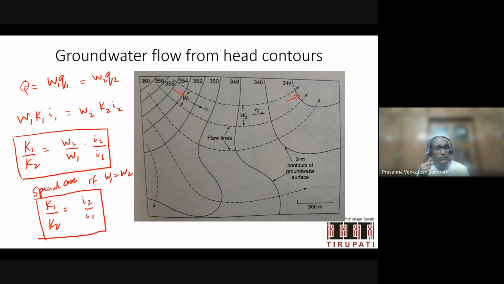Okay, what is I1, first of all? I1 is the difference dH by ds. dH is the same in region 1 and region 2 because the head contours have a difference of 2 meters, right?